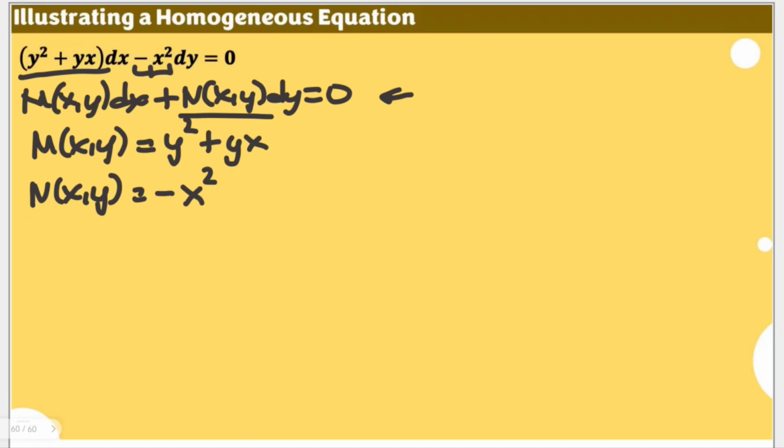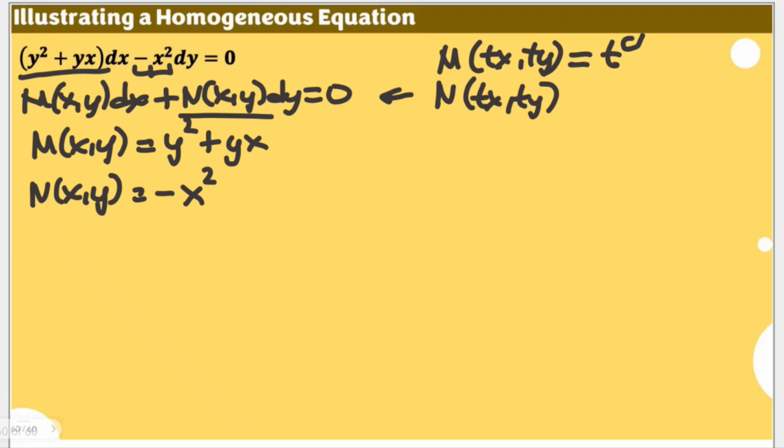So let's continue. The goal here is to come up with M of tx, ty and N of tx, ty. That would mean we are going to substitute tx to x and ty to y for each of the given functions, and let us try to rewrite it in this form, times the original M of x y.